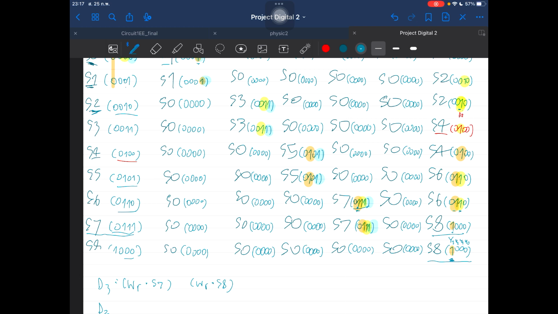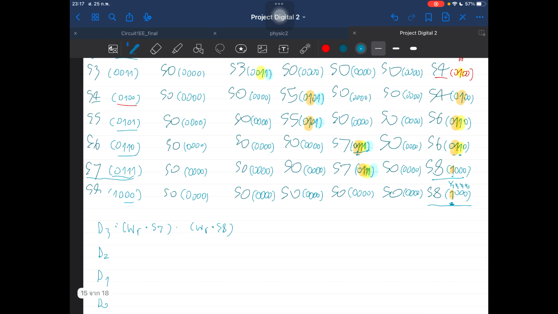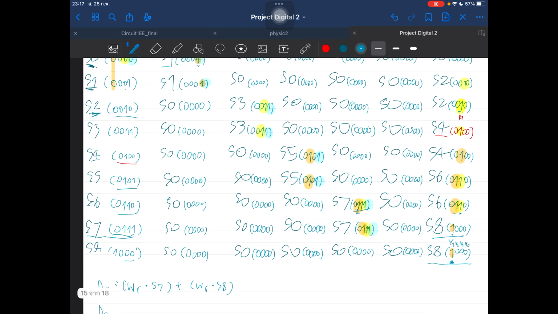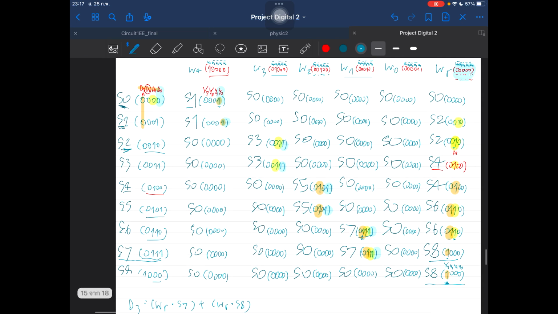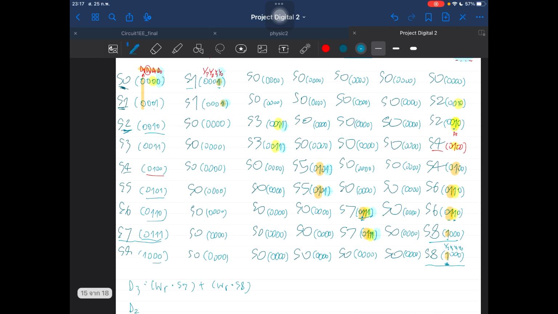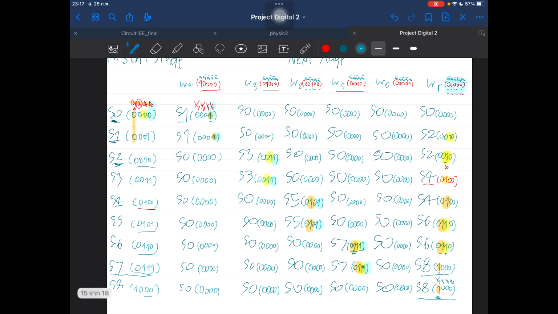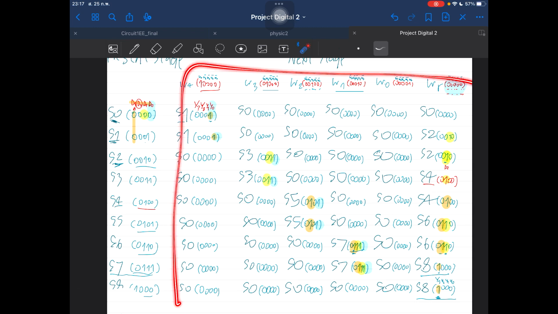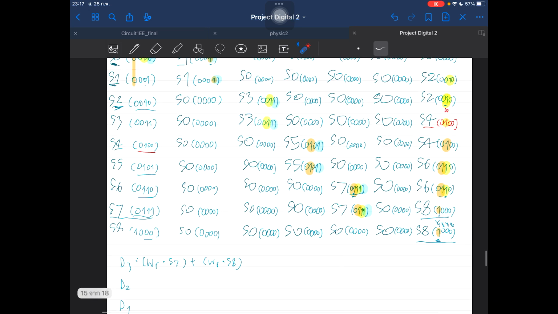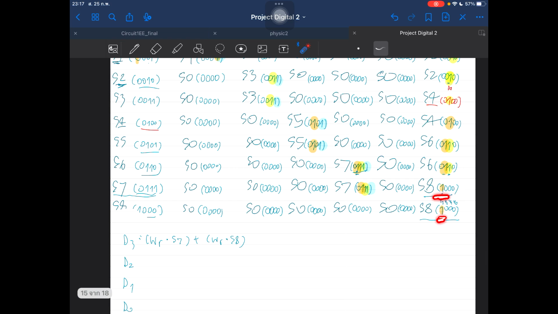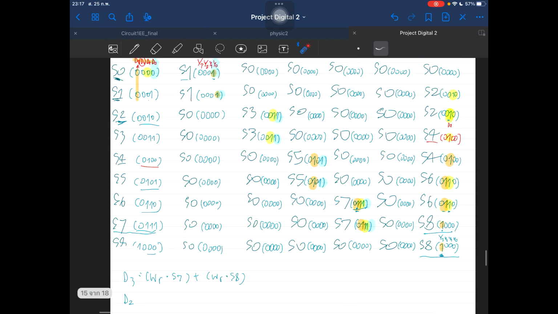When we get the two of these, we keep them all together like this. We look at the ones in D3 next state in the whole picture. Like this, D3 has only two equations.